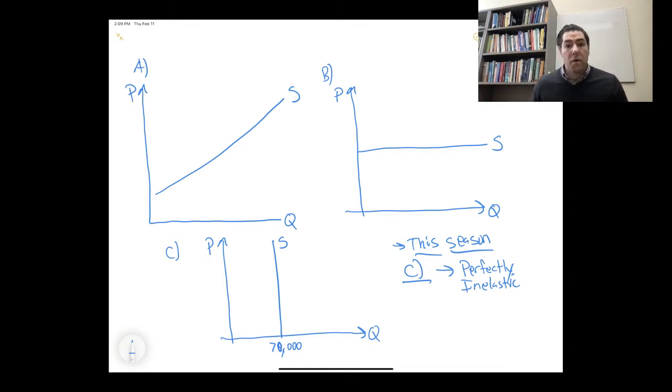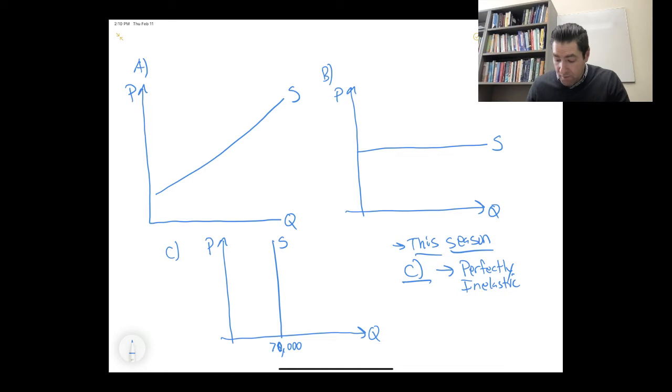And in some sense, regardless of the market price, there's going to be potentially a supply of 70,000. Now, as the price changes, they may make more or less of those seats available, but generally speaking, we would expect them all to be available. So no matter what the price is, there's going to be roughly 70,000 seats. Now, demand is another story, and we can think about that as we put this all together.